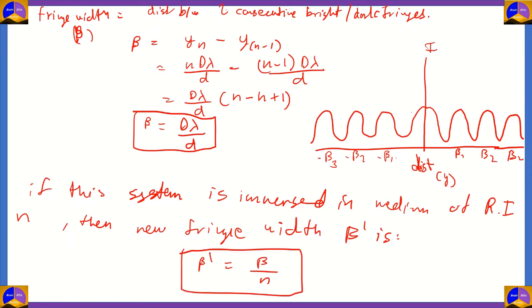So this is how you can calculate the fringe width of an interference pattern in Young's double slit experiment.